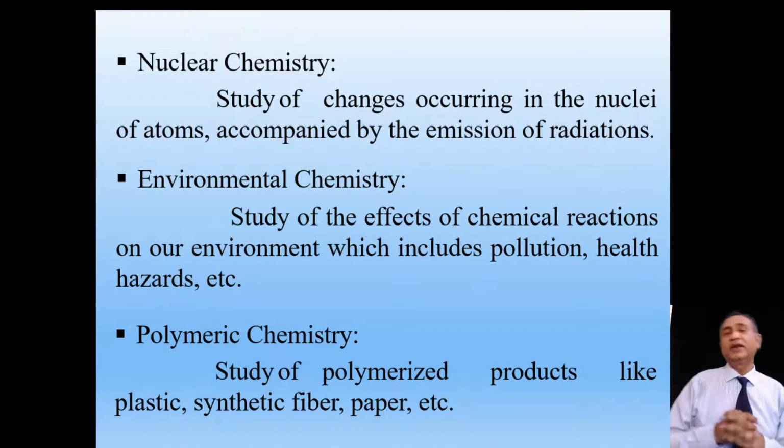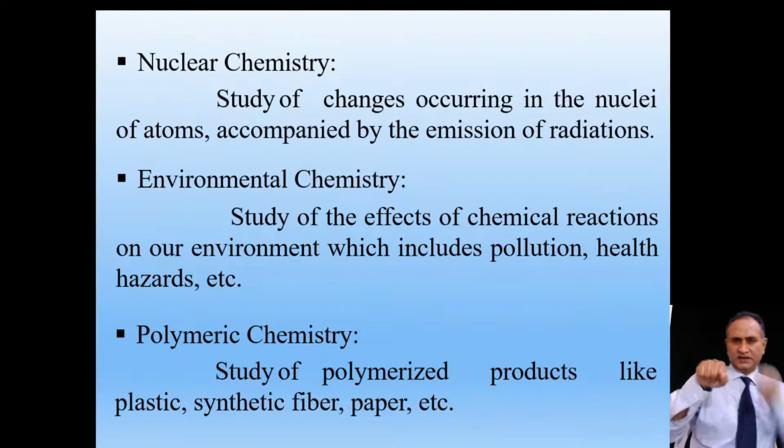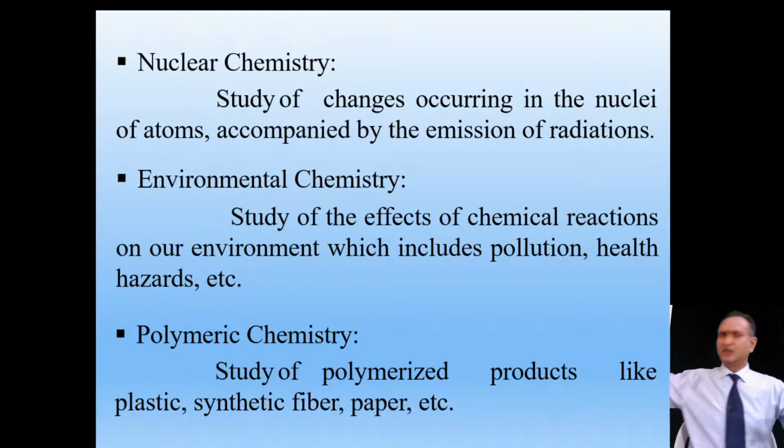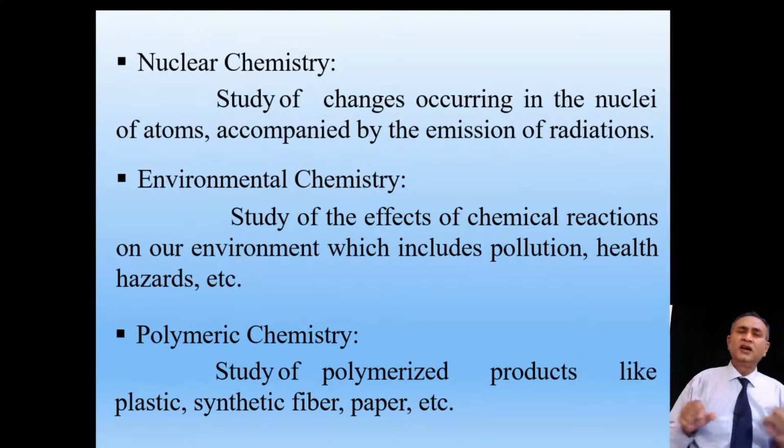Last is polymeric chemistry. Suppose I have something, the same thing over here. If these small things combine together, like these two, then another one, then another one, forming a chain, then a polymer is formed. And what is this single unit called? Monomer.